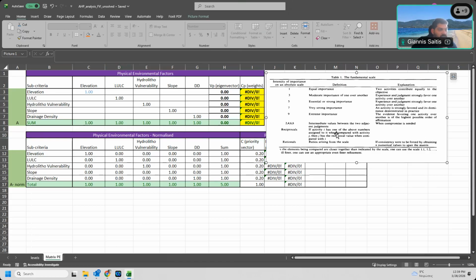We said that it is lower, but I need a number. How much lower is the elevation? Now that we mention it is lower, we can do the opposite question: how much important is the land use land cover to the elevation? Equal important, moderately, very essential, very strong, or extreme, or something between these values.